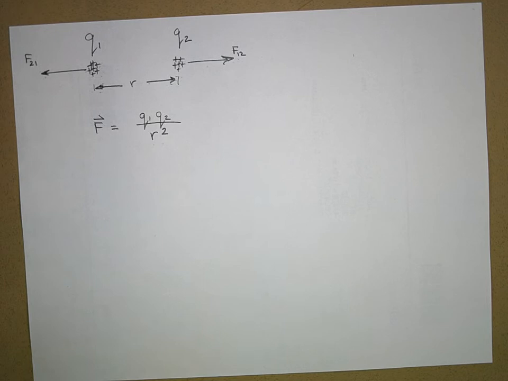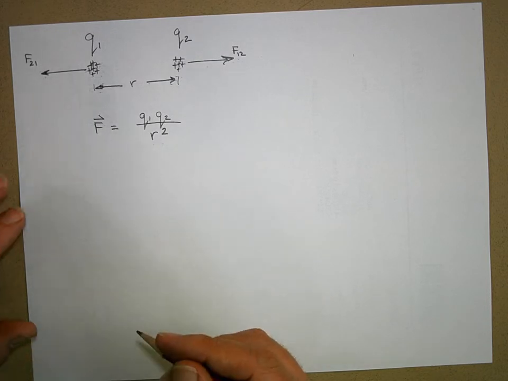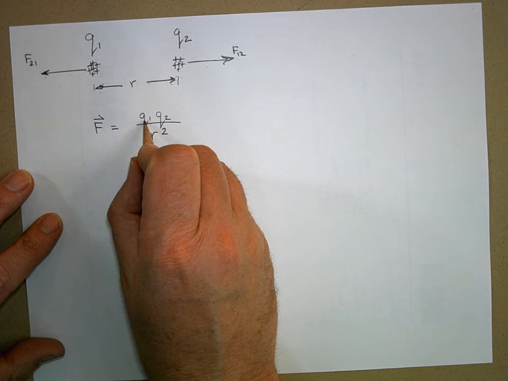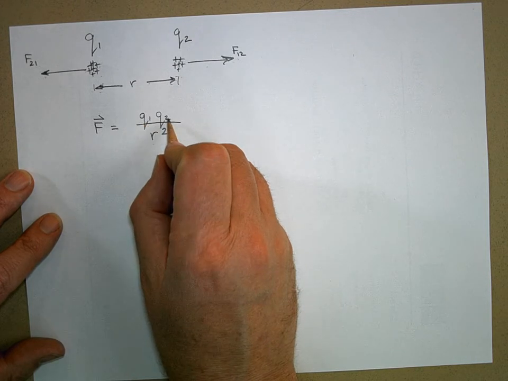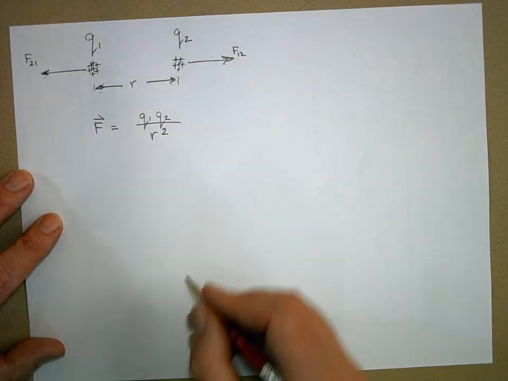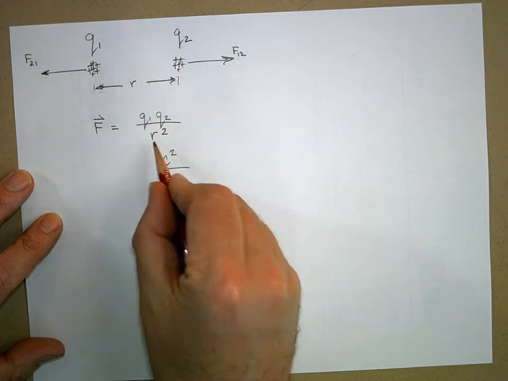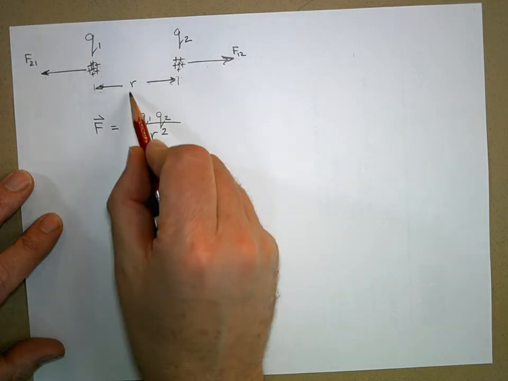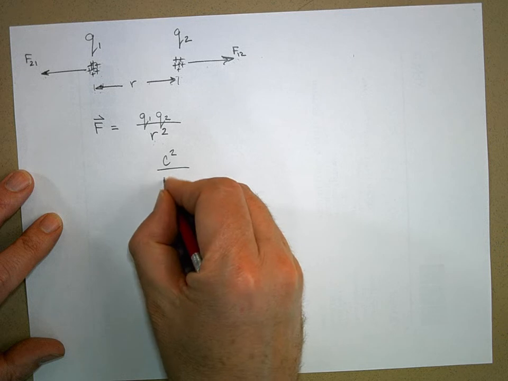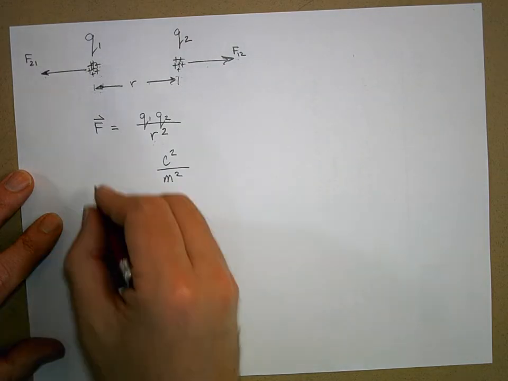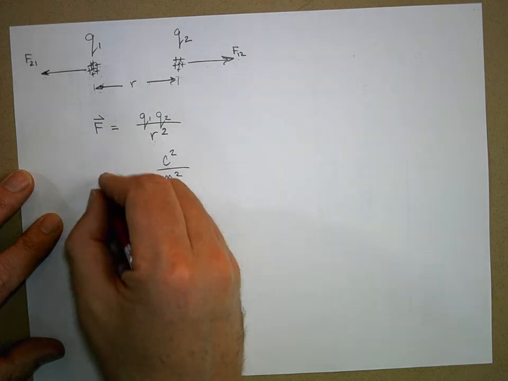But let's take a look at units here. Q1 is in coulombs, Q2 is in coulombs. So you've got coulombs times coulombs. And this is measured in meters. So R squared is meters squared, right? And of course we know that force is measured in newtons.